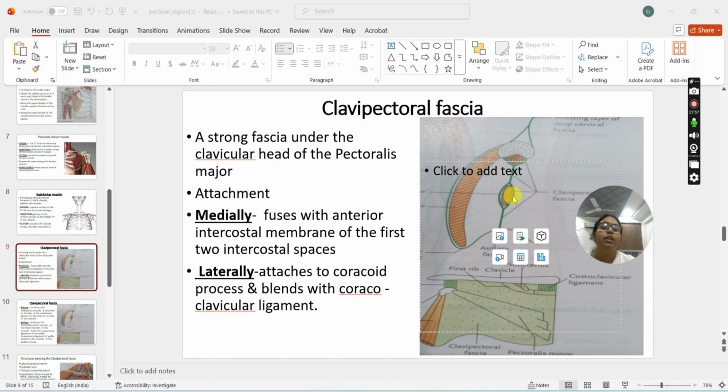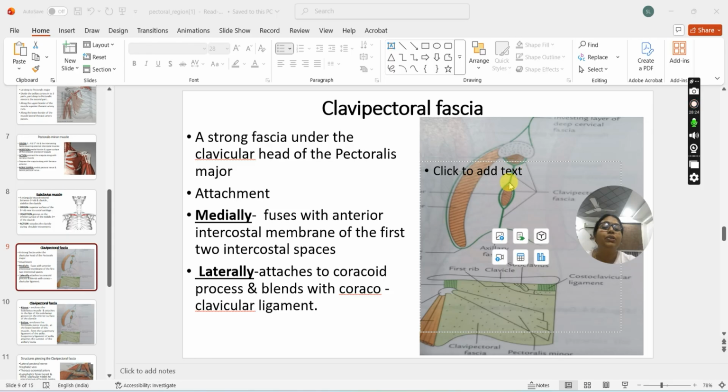Then, in this diagram you can see this is the pectoralis major, this is the clavicle, and this is your clavipectoral fascia. It goes upward and splits to enclose this muscle called the subclavius and attaches to the lip of the subclavian groove. Clear? Then it descends downwards as a single layer.